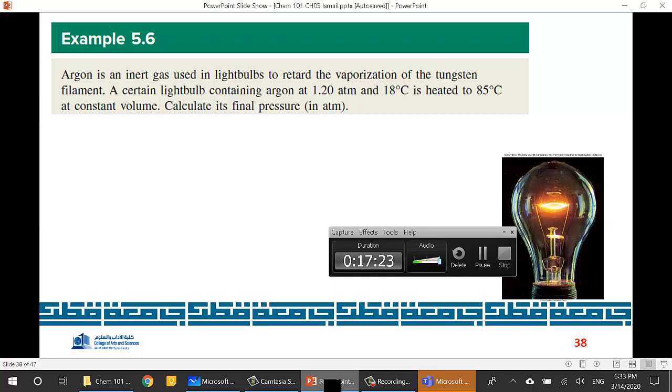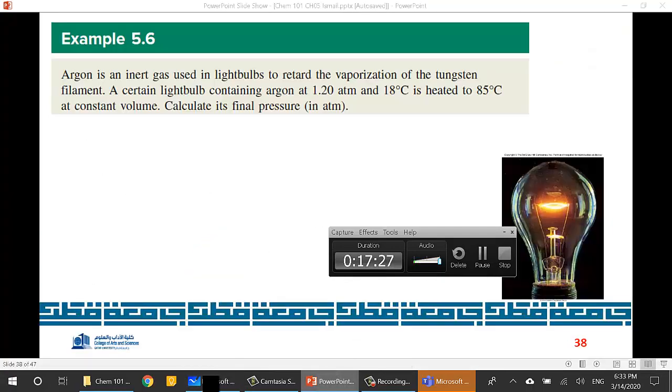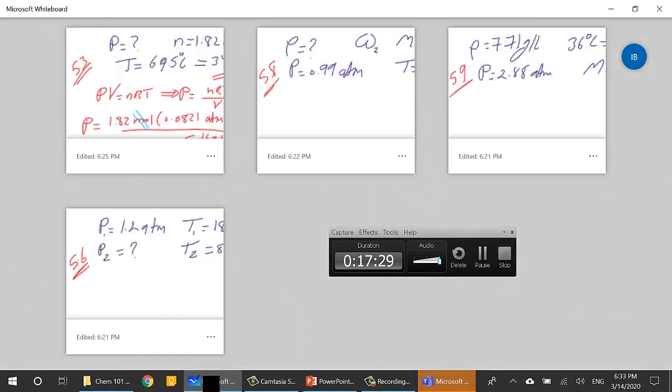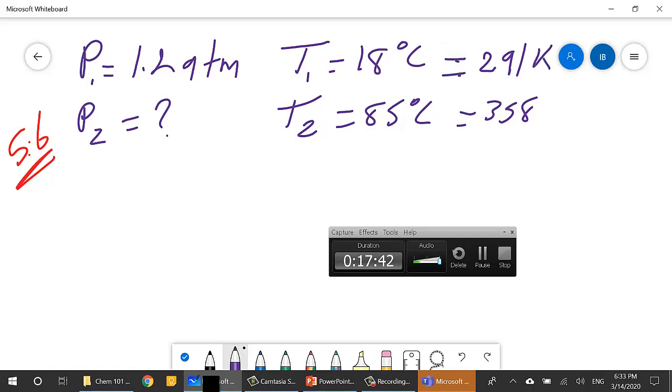Let's see how we can proceed with this question. This is question number 5.6. So P1 is 1.2 atmosphere. T1 is 18 Celsius. I already changed it to Kelvin. That's very important to change this into Kelvin again. And I'm asking for P2 at another temperature. Now here, the volume is constant.